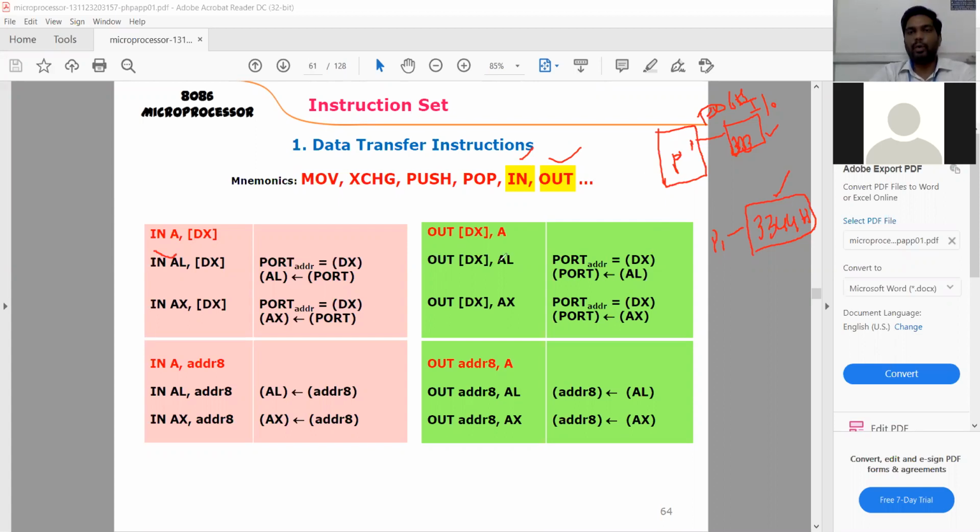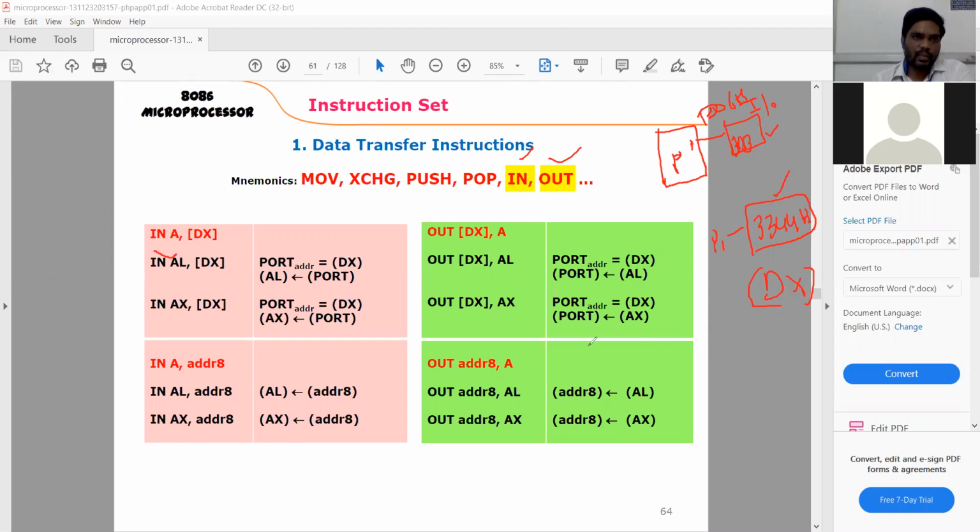And one more point that I have to mention here is that the input output port addresses will by default be stored in the DX register. For accessing the port addresses, we by default use the DX register.